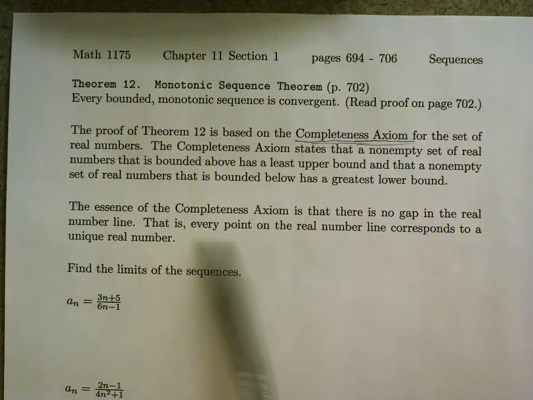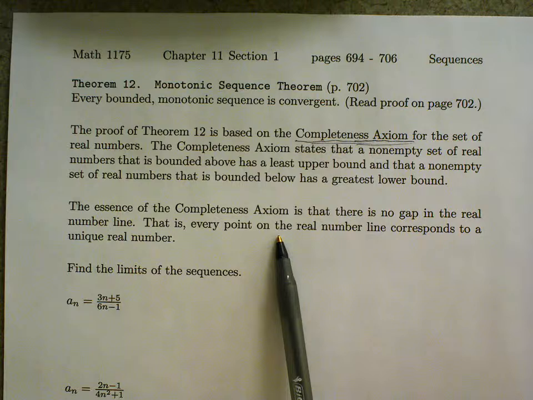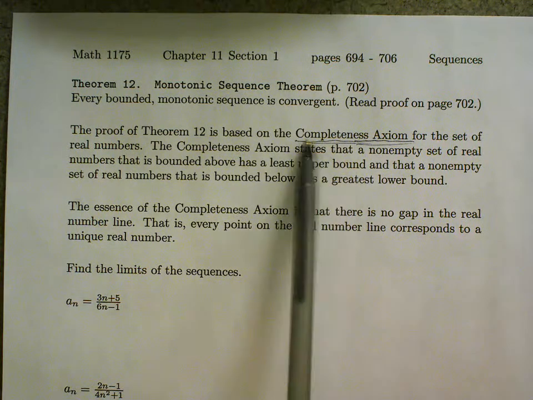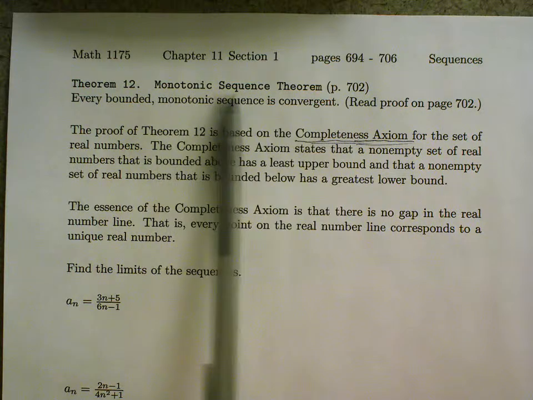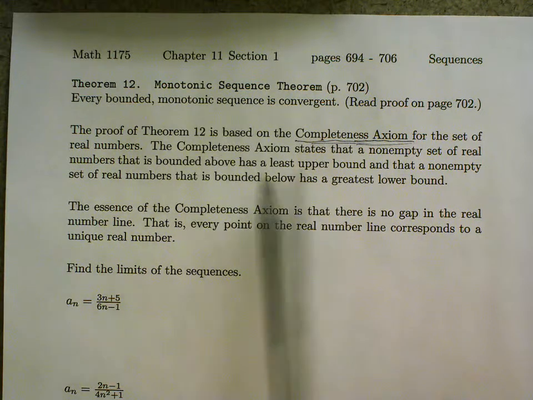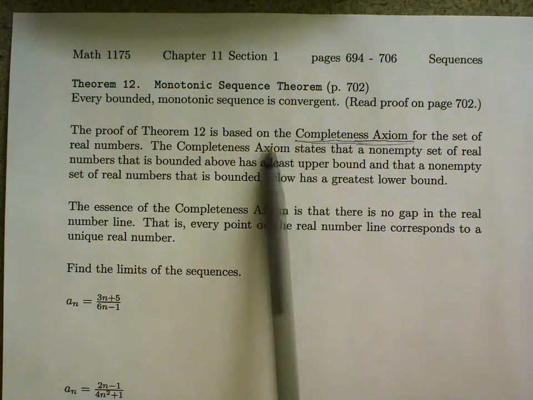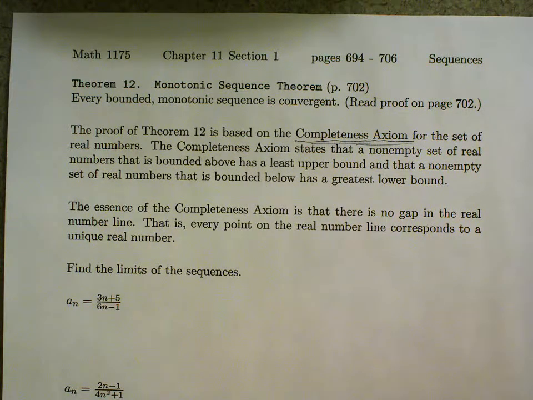So that is, every point on the real number line corresponds to a unique real number. Okay, one of the uses of the monotonic sequence theorem, even if we can't find what a monotonic sequence converges to, we can know that it is convergent if it's a bounded sequence.